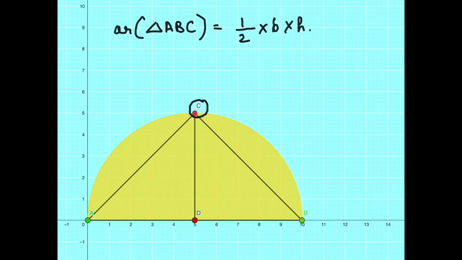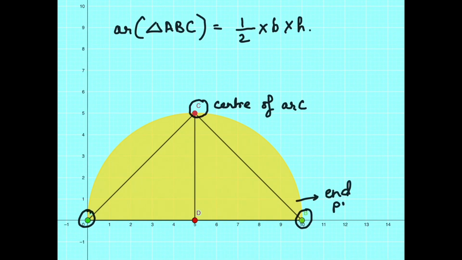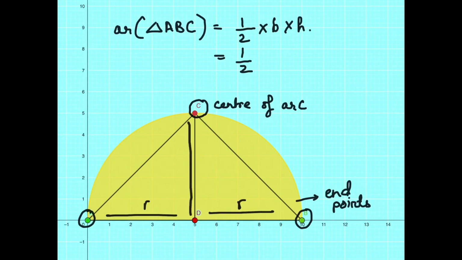When C is the center of the arc, and A and B are the end points of the arc, or we can say the diameter. So it is half into, the diameter is nothing but r plus r, that is 2r. The height is also r, so it's going to be half into 2r into r. The 2 and 2 get cancelled, which is equal to r square, only in this special case.